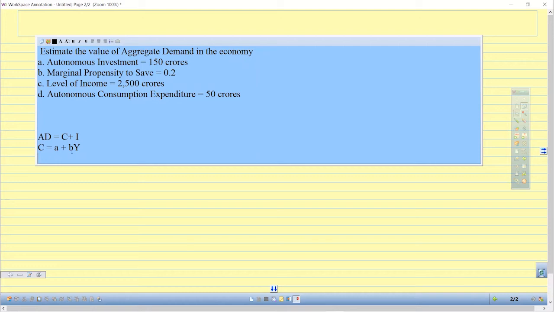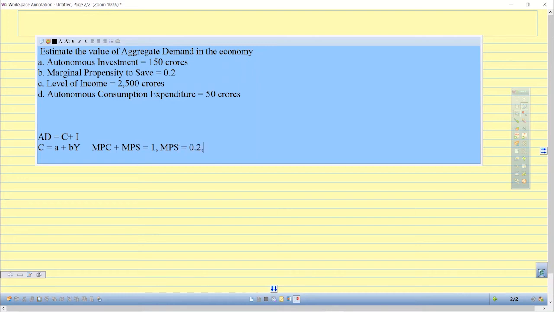Let us analyze. A stands for autonomous consumption, which is given as 50 crores. That part is okay. Then B stands for marginal propensity to consume. Does the question have marginal propensity to consume? No, but instead we know the marginal propensity to save. If we know MPS, we can find out MPC. MPC plus MPS will always be equal to 1, and MPS is given as 0.2.